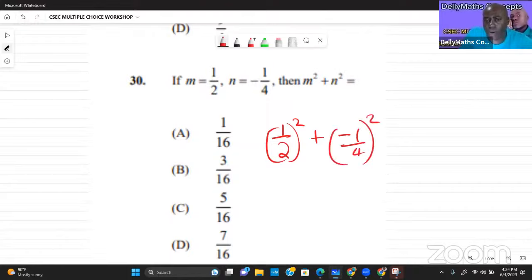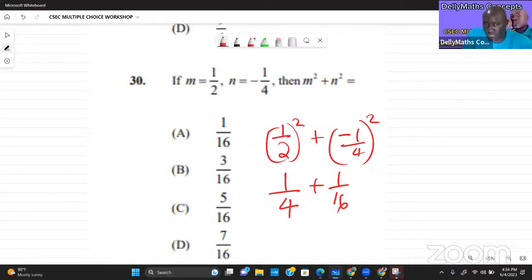All right, when you square 1/2, 1 times 1 is 1, 2 times 2 gives me 4. So when you square 1/2, you get 1/4. When you square -1/4, you're going to get 1/16. All right, -1 times -1 is 1, 4 times 4 is 16.